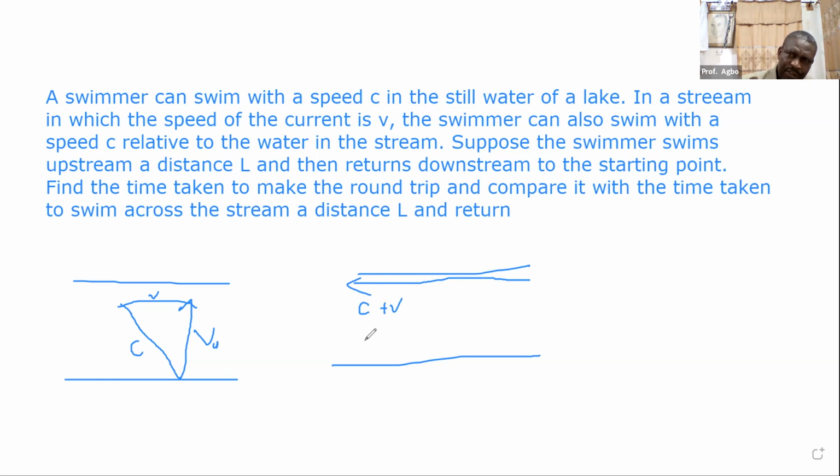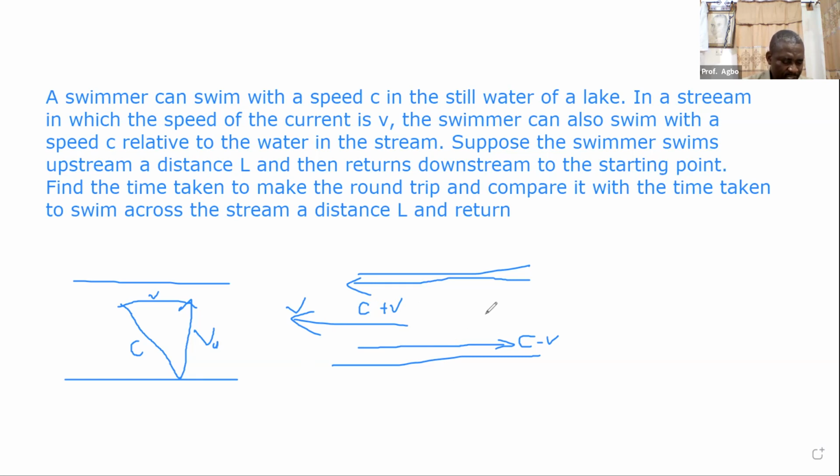But if the swimmer is moving against the water, it's going to be c minus v, while the stream is flowing here with velocity v. We now consider the motion of the swimmer as seen by an observer at rest with respect to the banks of the stream, which is what we have just drawn.